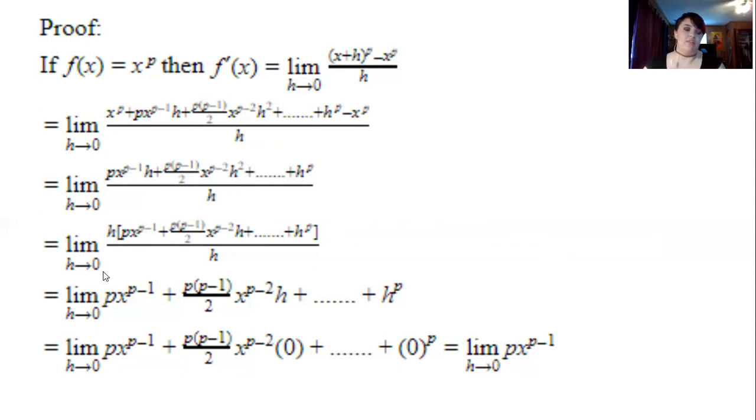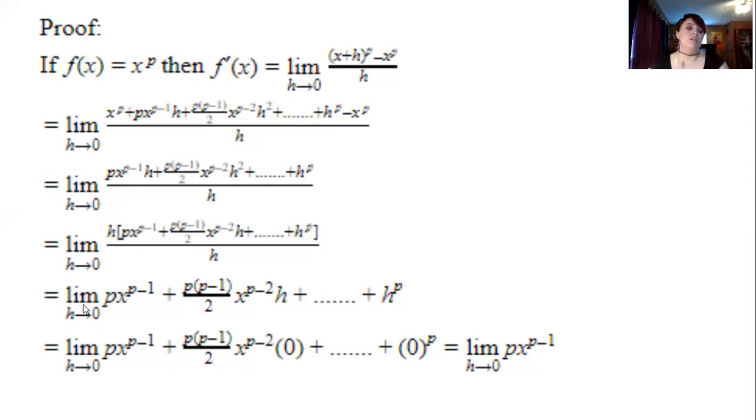So we have the limit as h approaches 0 of h multiplied by the quantity of p x to the power of p minus 1 plus p times p minus 1 over 2 times x to the p minus 2 times h plus a whole bunch of other terms with the variable h in it plus h to the p. And when we cancel that h in the numerator and the denominator, we are left with just the binomial theorem here without its one h variable.